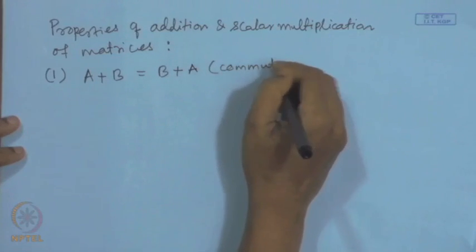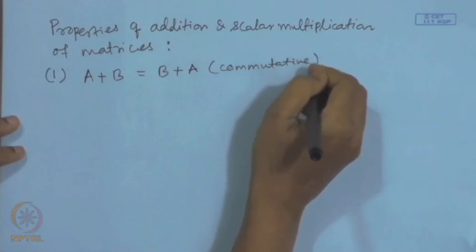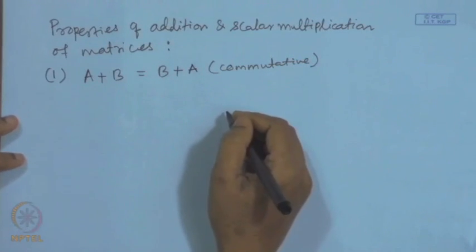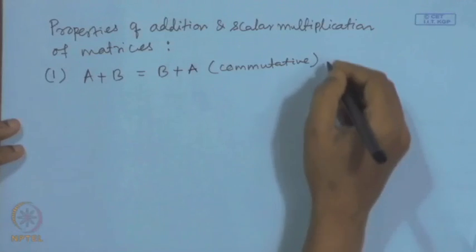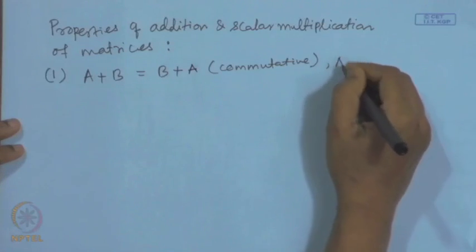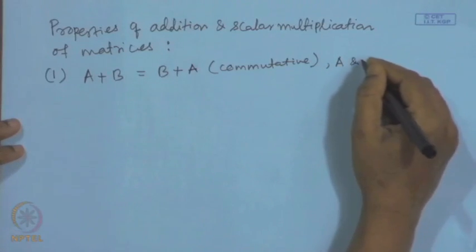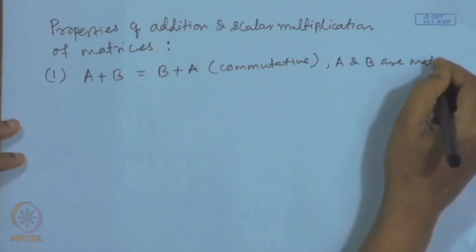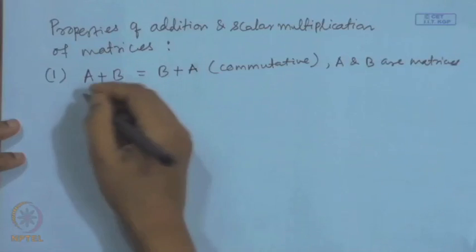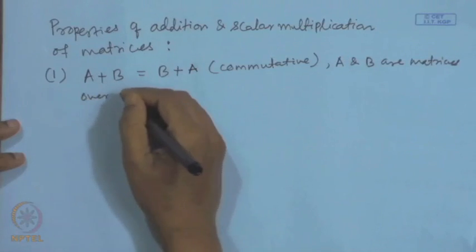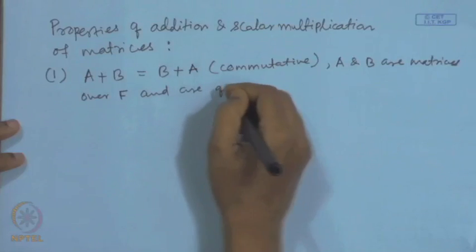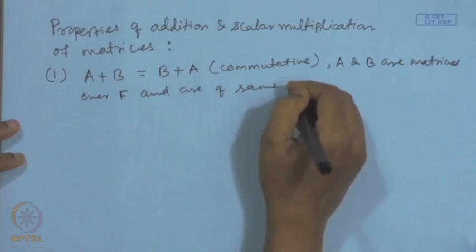Matrix addition is commutative. Here A and B are any matrices over F and are of same size.